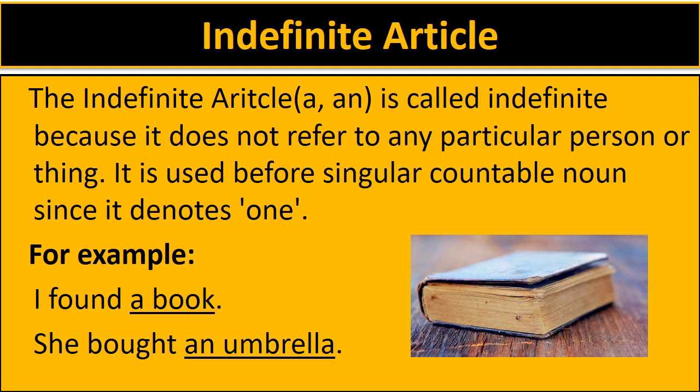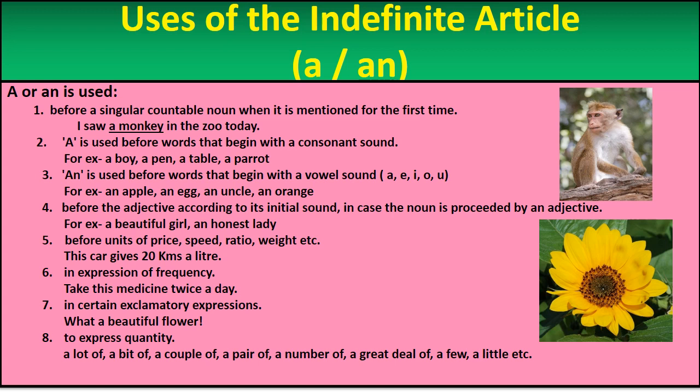Now students, let's see the uses of the indefinite article. Where do we use a and an? A and an is used before a singular countable noun when it is mentioned for the first time. For example, I saw a monkey in the zoo today. So here we are talking about any monkey, not specific monkey.